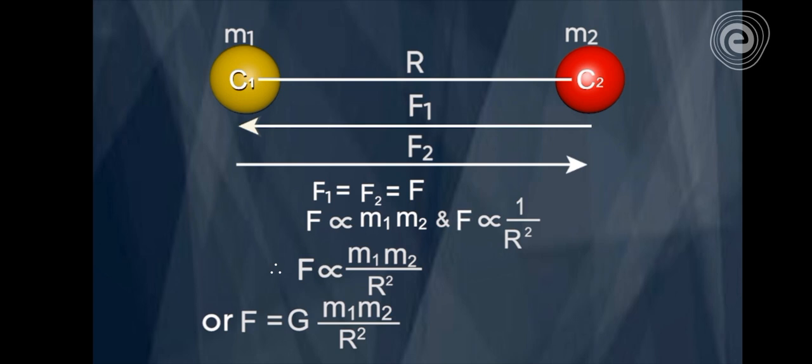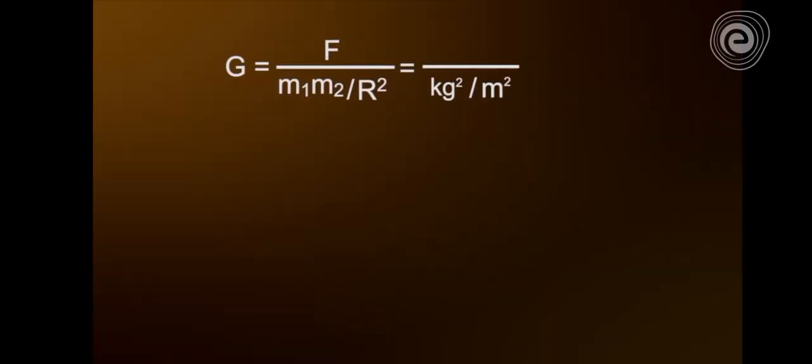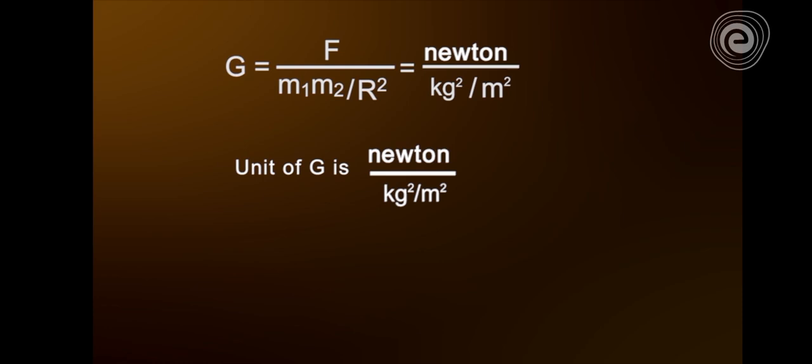Here, G is a constant, and G does not depend on the values of m1, m2 or r. Therefore, G is equal to F upon m1 m2 upon r squared. If we measure distance in meters and mass in kilograms, we get the unit of force in Newton. Thus, the unit of G is Newton per kg square per meter square. That is, Newton meter square per kg square.